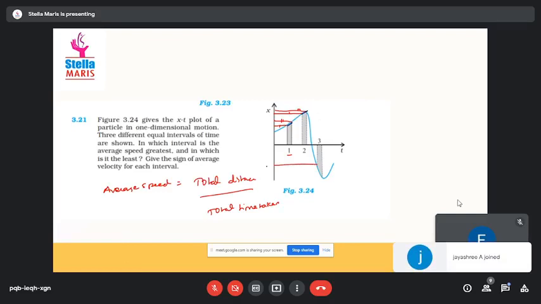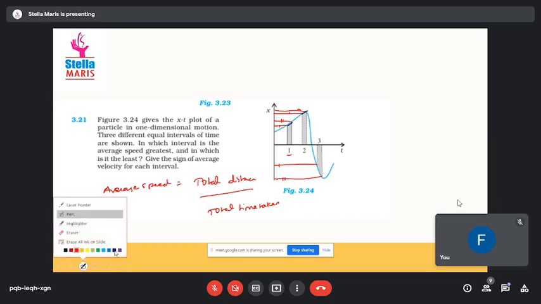This is the distance between position 1 and 2. Sorry, I couldn't draw it in a straight line.